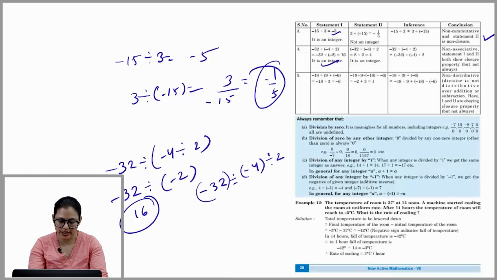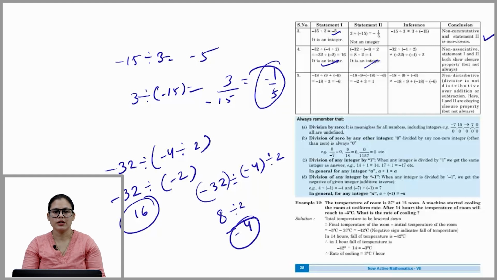First 8 divided by 2, answer is 4. It is an integer. But the conclusion is non-associative. Statements 1 and 2 both show closure property, but it will not always show the closure property.